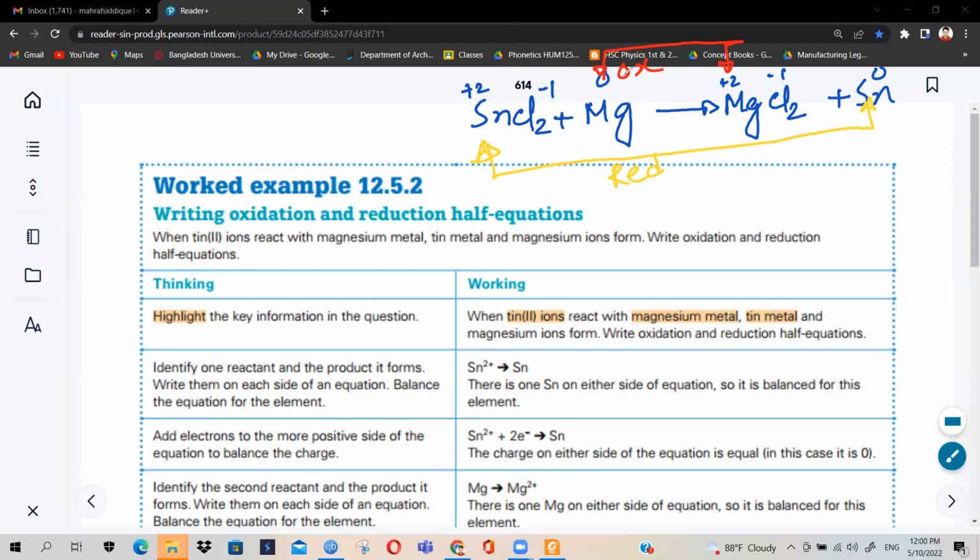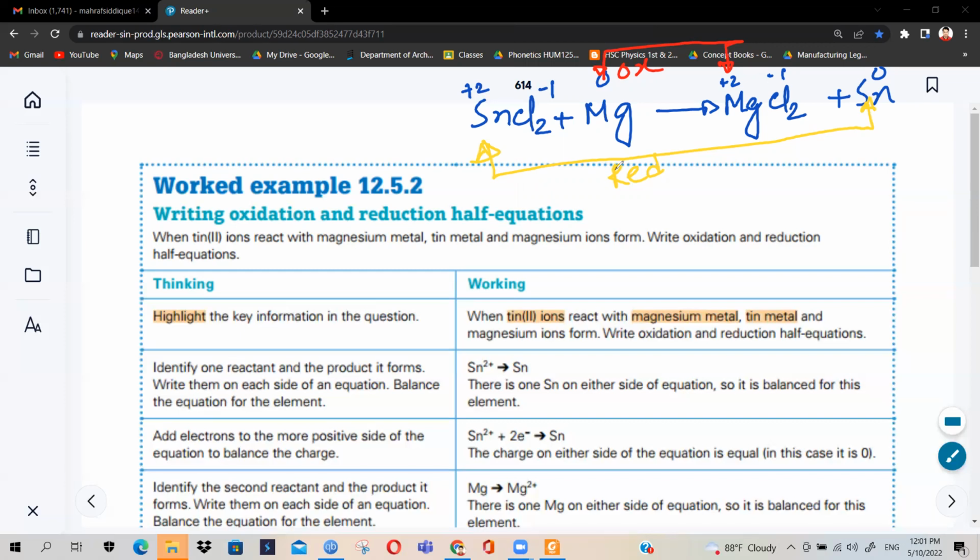No, I don't want the whole reaction with arrows, I want the half reactions. What will be the oxidation half reaction? What will be the reduction half reaction? How many electrons would be donated or accepted? What will be the ions? What will be the product formed? The whole thing.